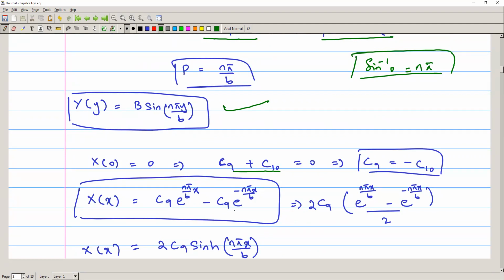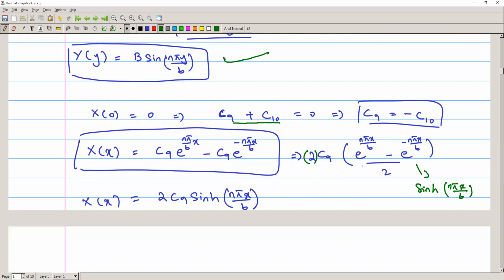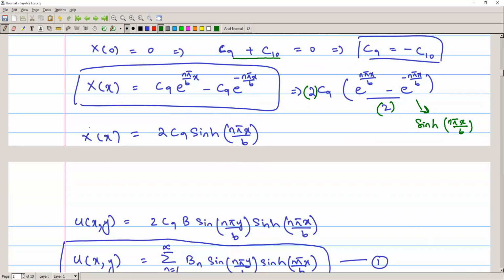So it will be 2c9 times this function, where this equals sine hyperbolic n pi x over b. We multiply and divide by 2 to make this function the hyperbolic function, so it's easier to formulate. So now x of x equals 2 c9 sine hyperbolic n pi x over b.